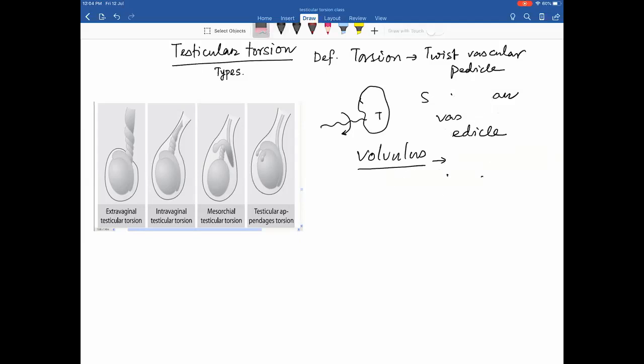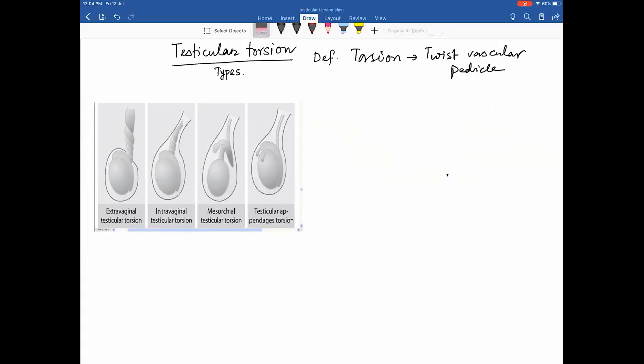Now, we'll talk about testicular torsions, and as I've said, testicular torsions are a twist of the testes along the vascular pedicle, which in this case is the spermatic cord of the testes. Now, when we talk about this one, let us be very straightforward, and then let us talk about what are the important things that you should know for an exam.